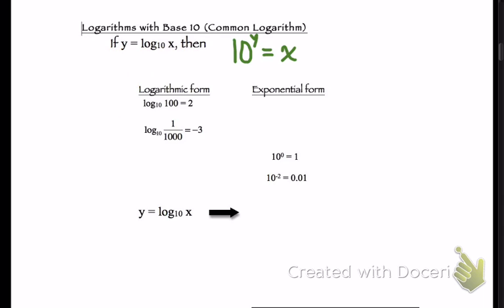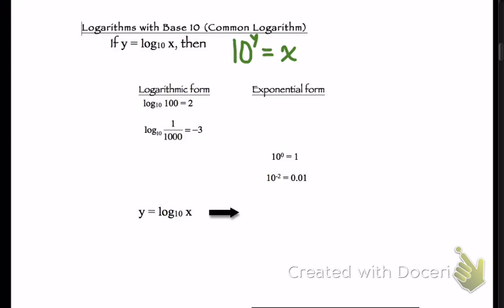All right, let's try some. If you look at this first one, I'm telling you the base 10 log of 100 equals the number 2. Prove that the base 10 log of 100 actually equals 2.